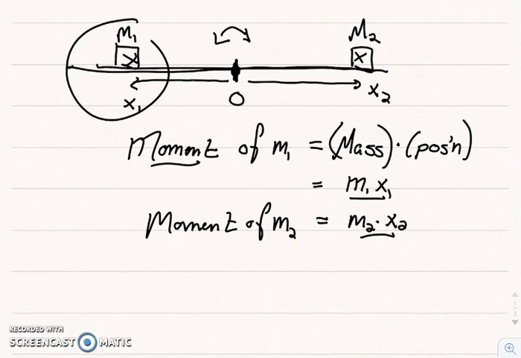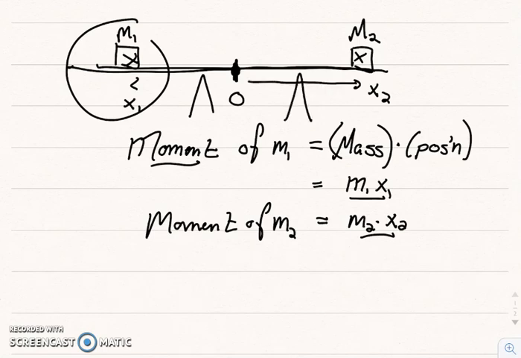For example, if these distances x1 and x2 are the same or symmetric about the origin, and m2 is much heavier than m1, then the thing will rotate in this way, as we expect a seesaw to do. We would like to find that point along the x-axis, maybe here, or here, somewhere along the x-axis, about which the system will balance perfectly. We call that point the center of mass of the system.